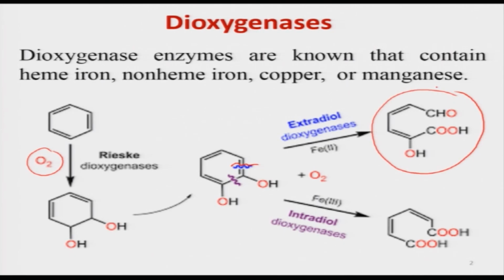You can see that the ring is getting cleaved completely in the presence of oxygen, and iron 2 is involved in the enzymatic system, whereas intradiol dioxygenase cleaves between the two diol groups, and iron 3 ion is involved in the enzymatic system, and the products are quite different. So, based on the position of the cleavage, the products are different, whether it is extradiol or intradiol.